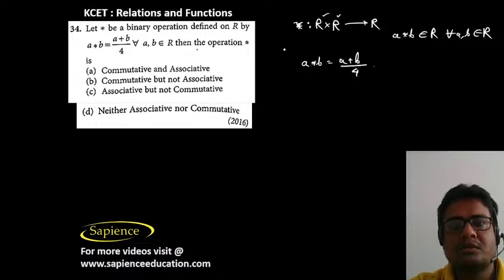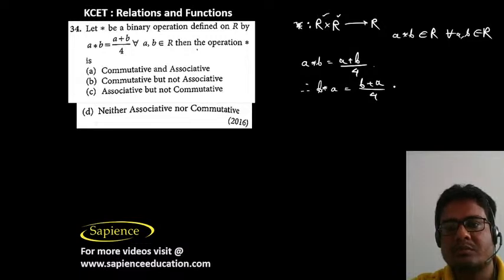Then for the operation star, we have to find if it is commutative or associative. So B star A is equal to (B plus A) by 4. That is also the same as (A plus B) by 4. So that is the same as A star B. So hence star is commutative.